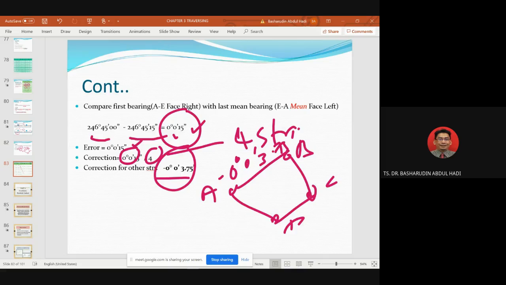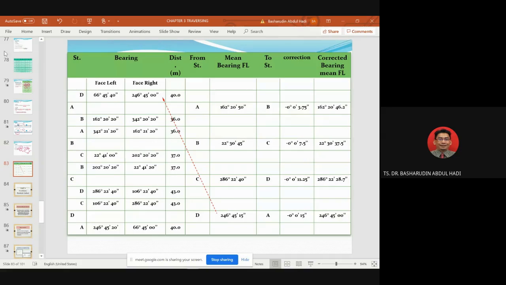Okay, so actually when we have something like this, we get it from our side. And this is, we call it, the reading from mean bearing. So because of this one, we want to make sure that 246 degrees, 45 minutes, 50 seconds.